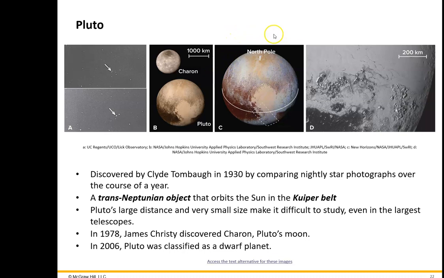At first measurement, this object later turned out to be also a minor planet called Eris. At any rate, the first measurements of Eris back in 2004 showed that it was slightly bigger than Pluto, and it had its own moon.